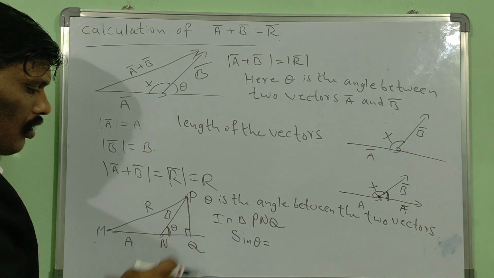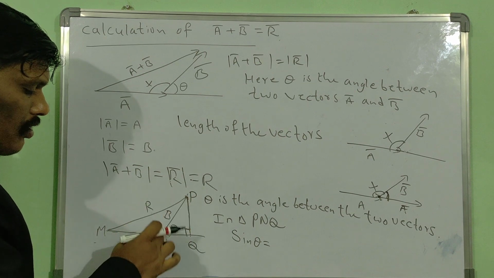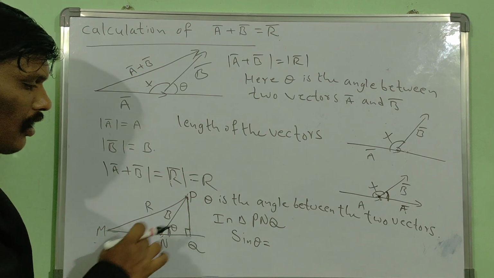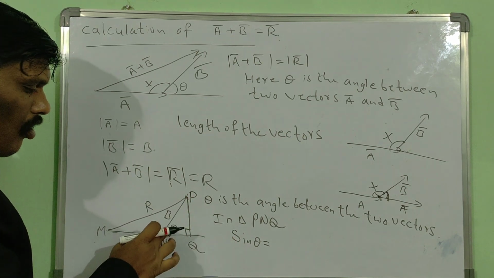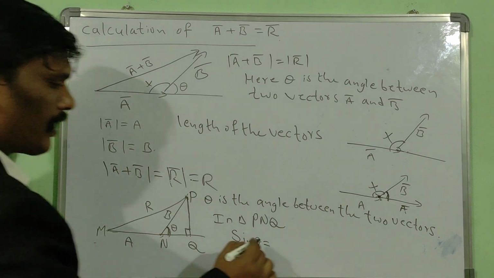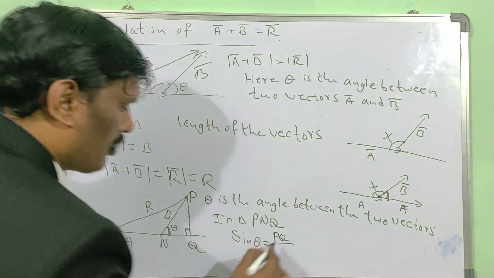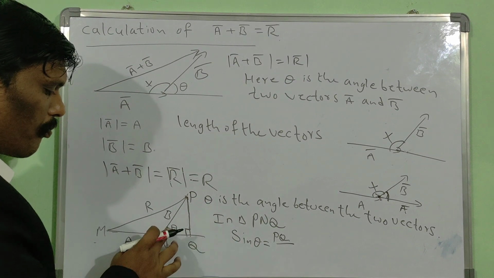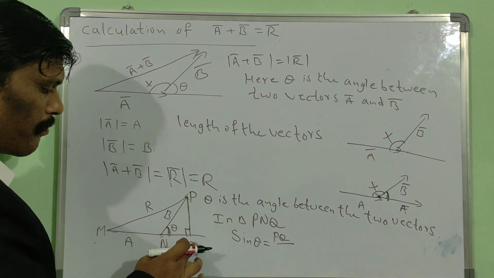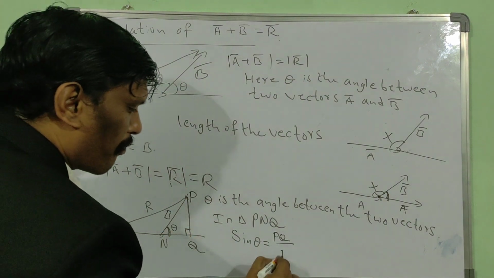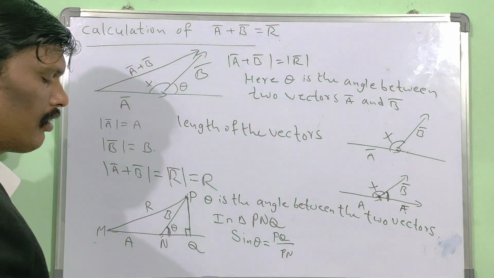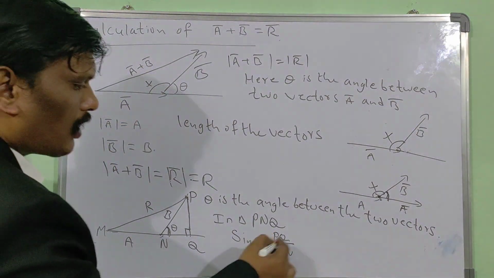So sine theta means what? Opposite side by hypotenuse. Here I need to take the side opposite to theta. That is PQ. So sine theta is PQ by the hypotenuse PN. From here, what is PQ?